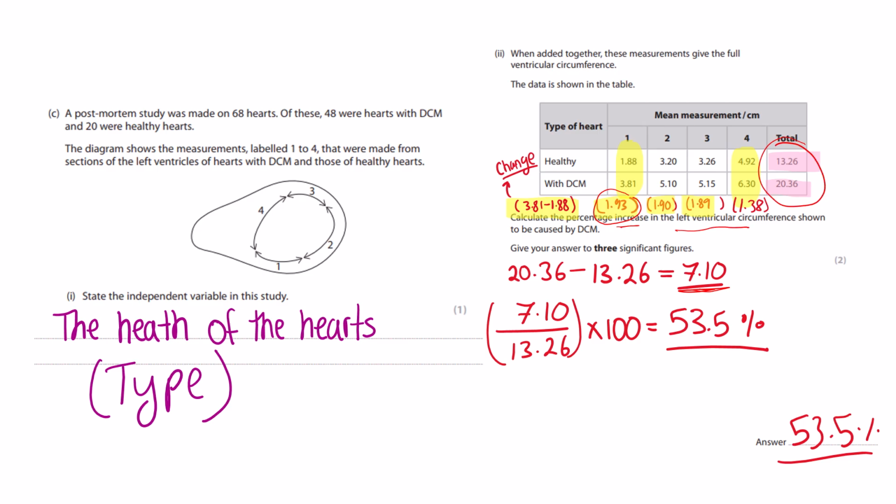This is the mean total circumference. And then we're going to do 7.10 divided by 13.26, because you want to find the increase. Then we're going to times by 100 to find the percentage. Therefore, it is 53.5%, and that's one significant figure, two significant figures, three significant figures.